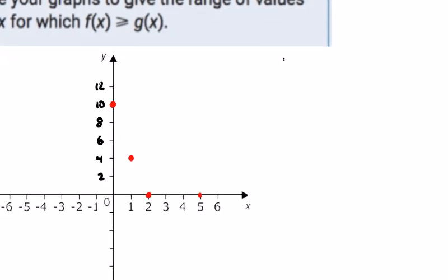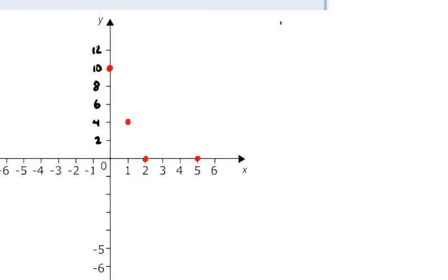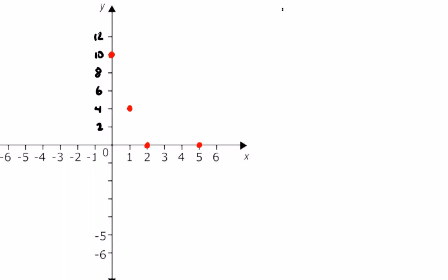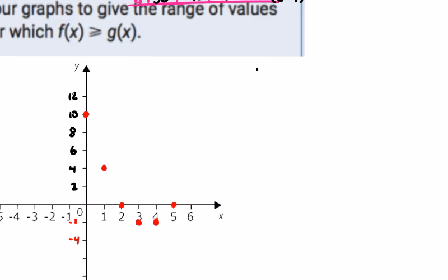We know 5, 0 is a point. And then we have 3 and 4, both at minus 2, so here and here. And then 6, 4, matching off with the other point to here.